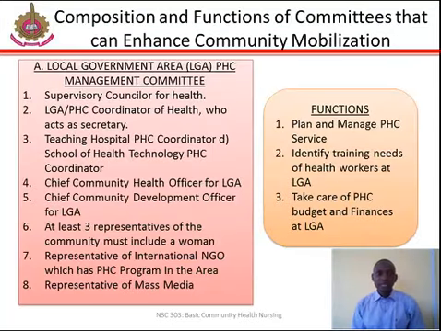Composition and function of committees that can enhance community mobilization. The first one is the local government area primary health care management committee.